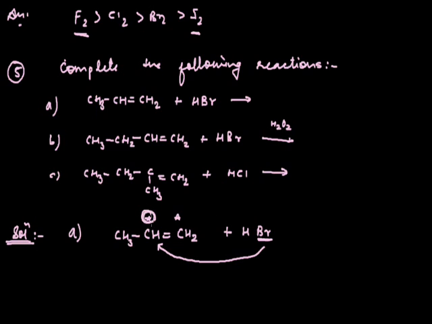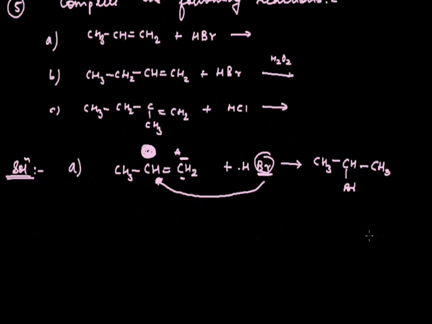This carbon has 1 hydrogen and this carbon has 2 hydrogens. So the negative part of this reagent, bromide, will go to this carbon and the hydrogen will go to this carbon. So the final product will be CH3CHBrCH3, and this type of addition is known as Markovnikov addition.